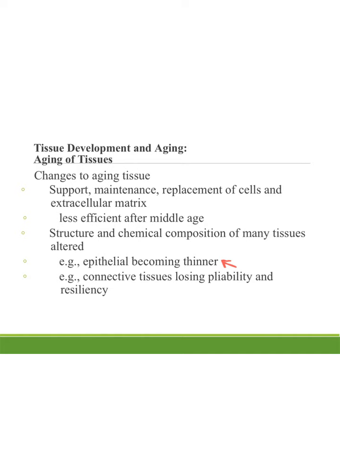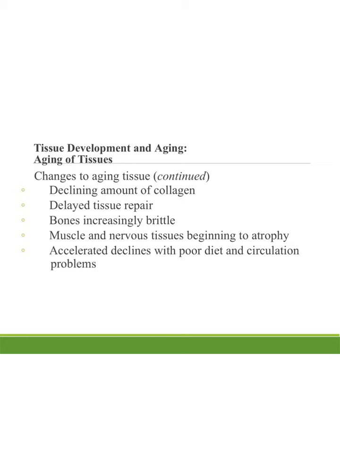Connective tissues don't have as many collagen fibers and elastic fibers, so you lose the stretchiness, the recoiling ability, the resiliency, the strength in your skin. You also see that in ligaments and tendons. Declining collagen is one of the reasons why you do have less flexibility. You do have sagging of the skin.